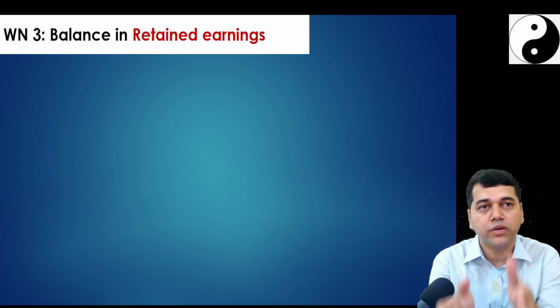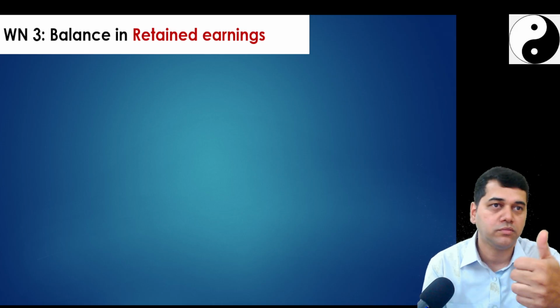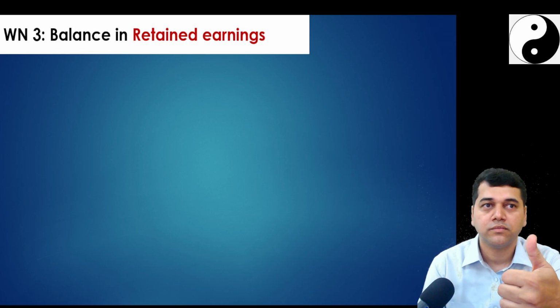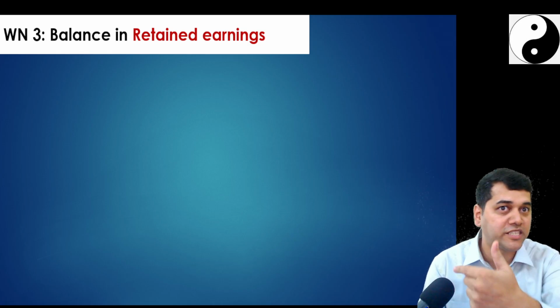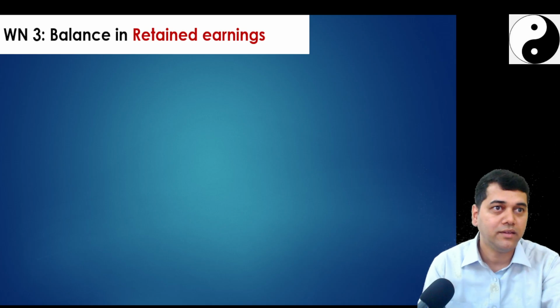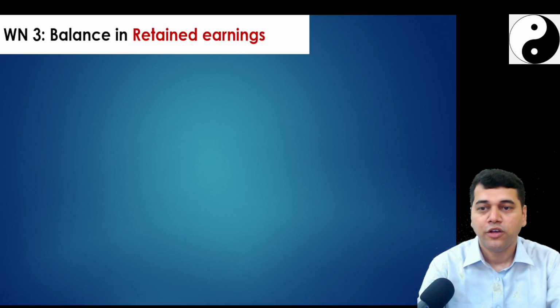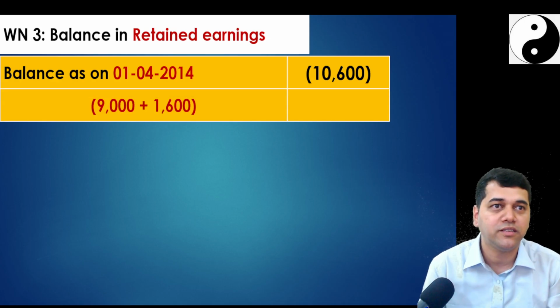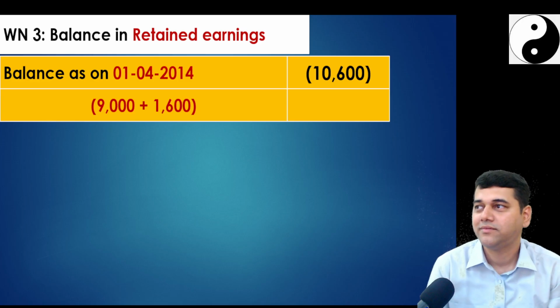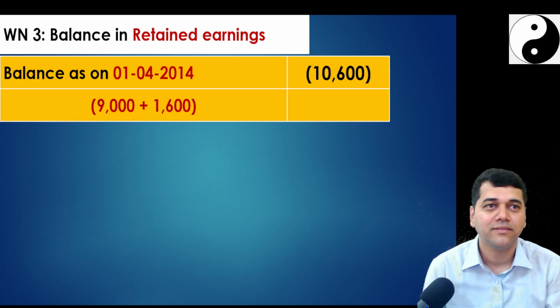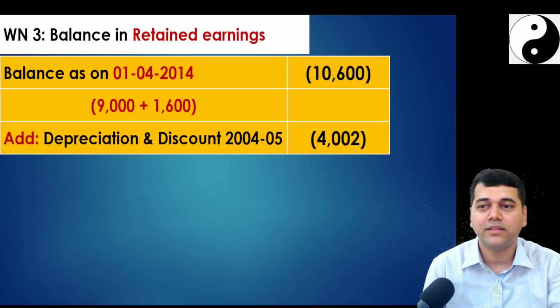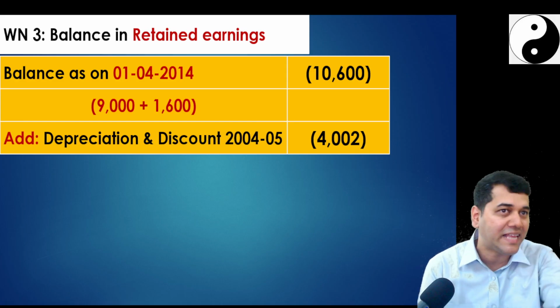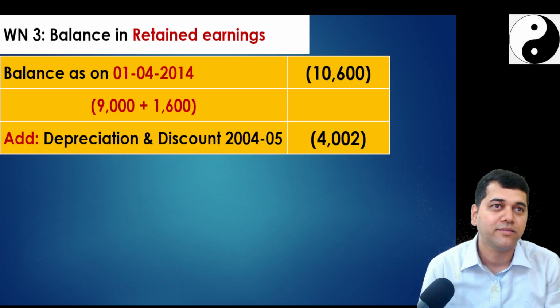Now tell me, in your working, which all the items went to the P&L account? Depreciation went. Unwinding of the discount comes as an interest expense. Interest expense will go. So for the first 3 years, 9,000 plus 1,600 went. Then depreciation and discount for the next year also went the same way.